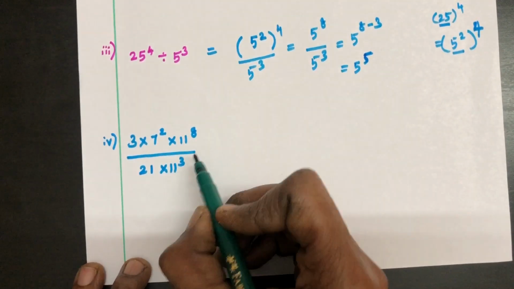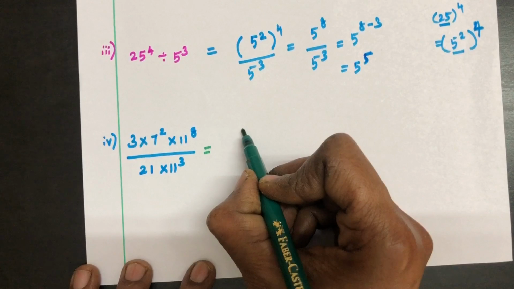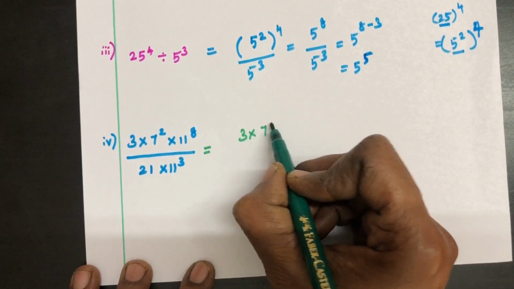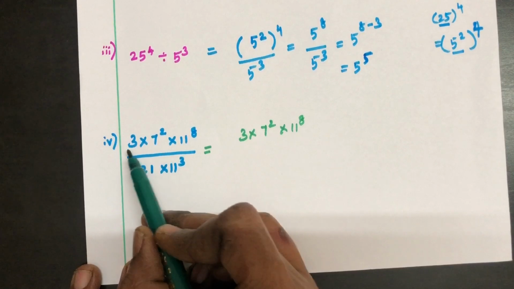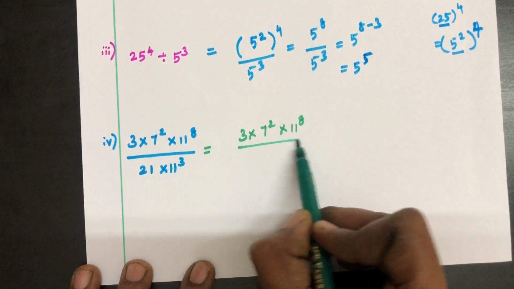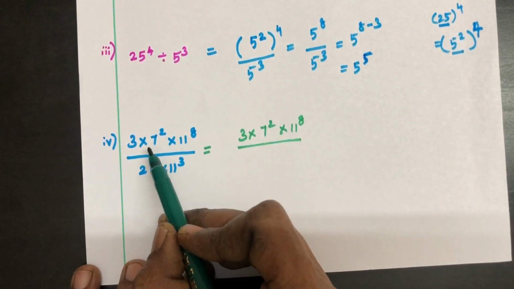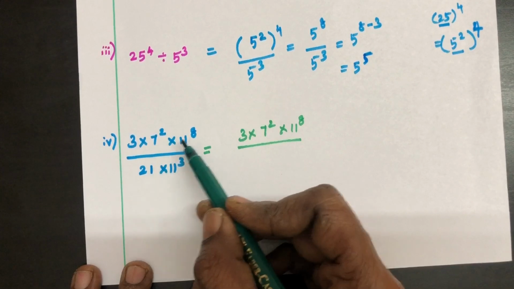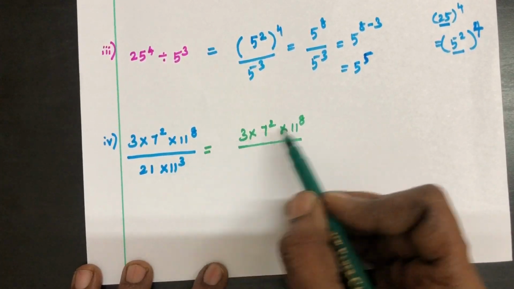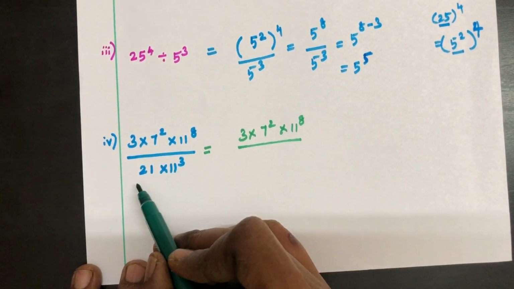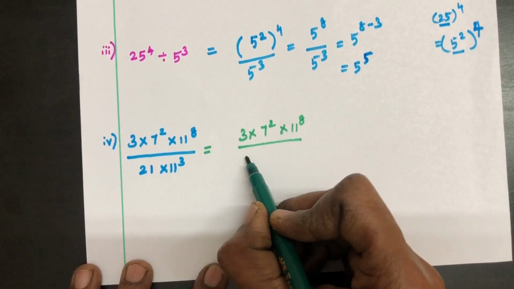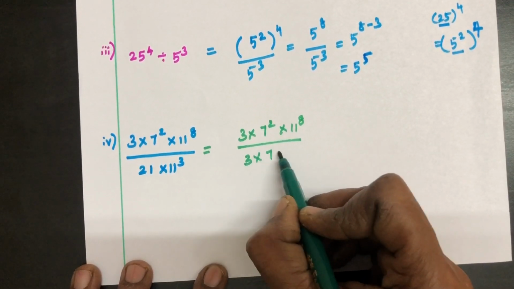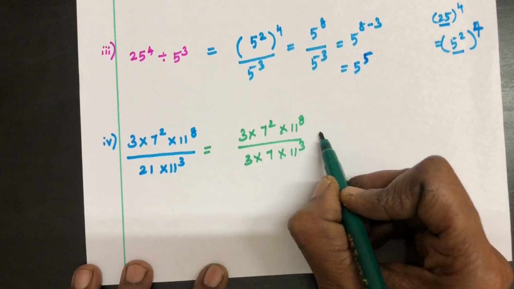Now we are going to simplify this. 3 into 7 square into 11 power 8. Just to see the numbers in exponential form, you can make the numbers the same as that of the numerator or denominator, whatever, same number. We can split the numbers and have it in exponential form. This 21 can be written as 3 into 7 into 11 cube, right?